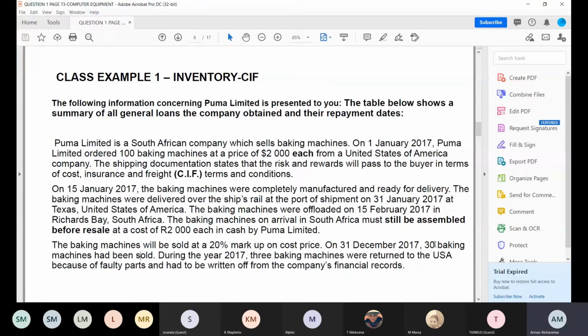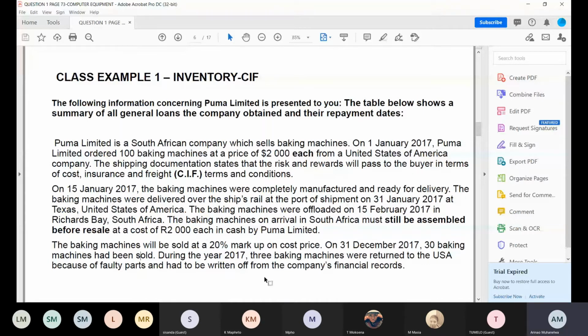But it is very important to read the information and try to understand. There was a sale of 30 of this inventory that we have, and therefore we need to recognize revenue. We also need to recognize that inventory has been sold.